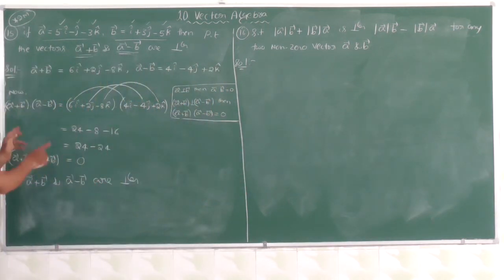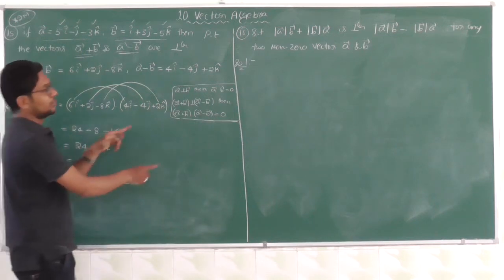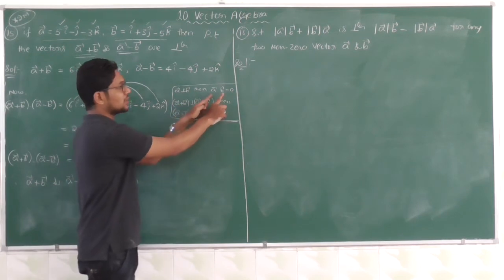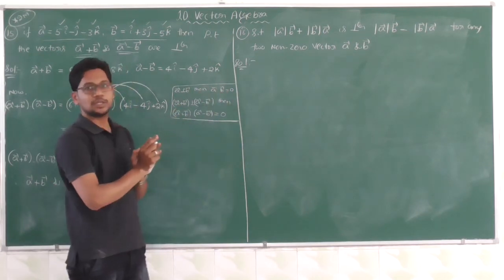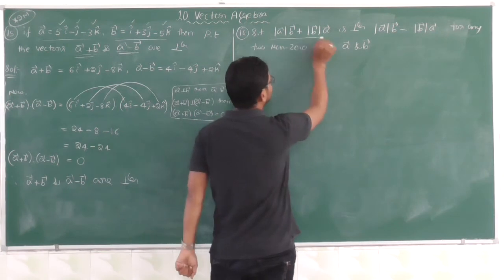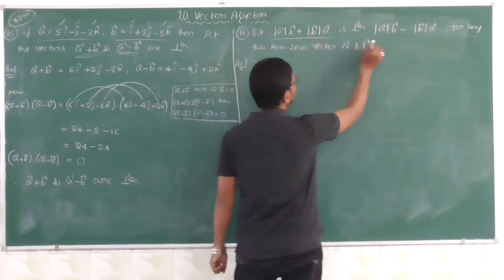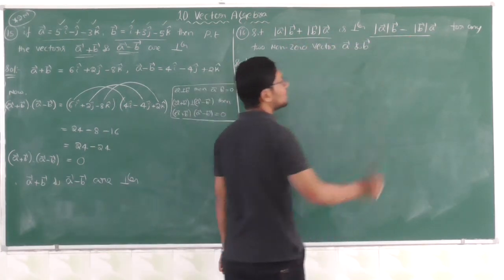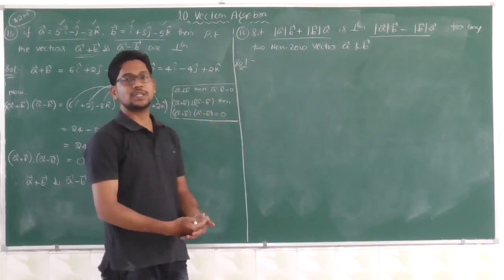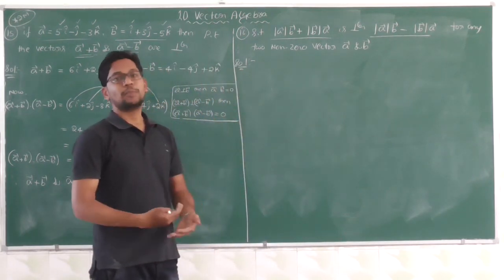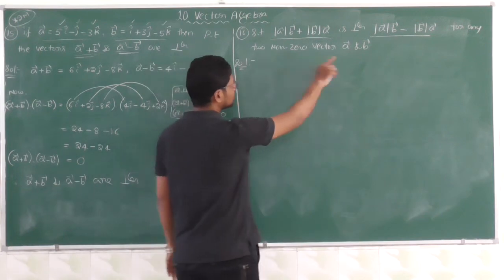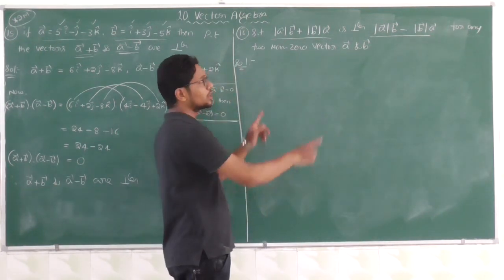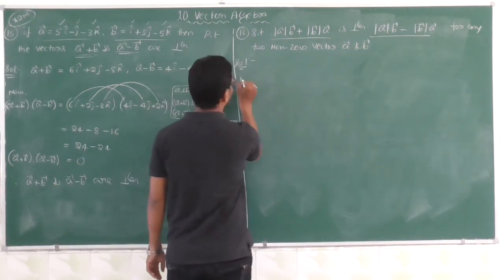Here we have already done this. If the dot product of two vectors is 0, then you can say that the two vectors are perpendicular. You just find out the dot product of the two vectors.